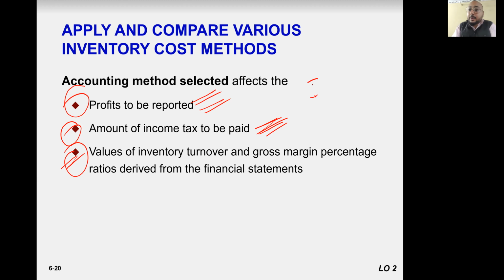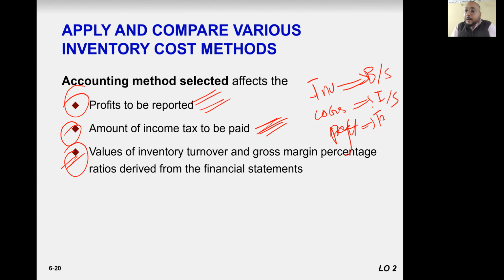Why? Because inventory will be written on the balance sheet, cost of goods sold will be written on the income statement, right? And profit has an effect on our taxes. Higher the profit, higher the taxes. So any choice of our inventory costing method will affect our financial statements, both the income statement and balance sheet, and also our tax statements, right?